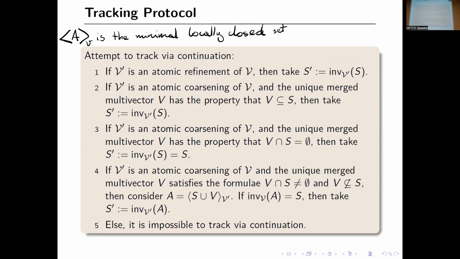Point 2 refers to the situation when merging happens inside our S. Point 3 corresponds to the situation where merging happens somewhere outside of our S. And the most problematic, point 4, corresponds to merging two multivectors where one is inside our S and one is outside. It is problematic because this is the only case when continuation may fail.